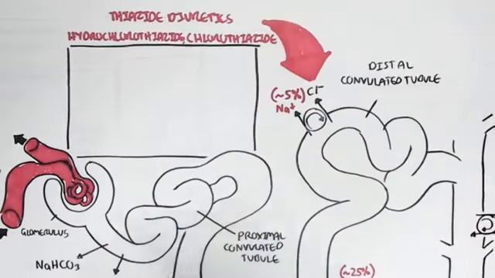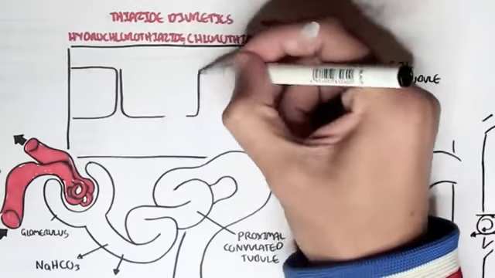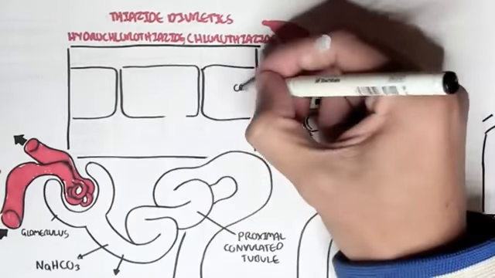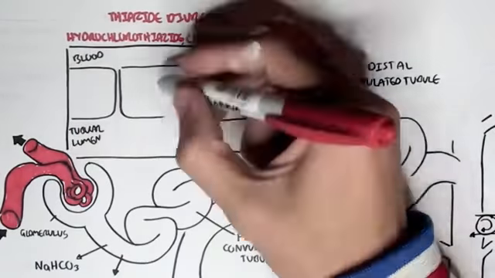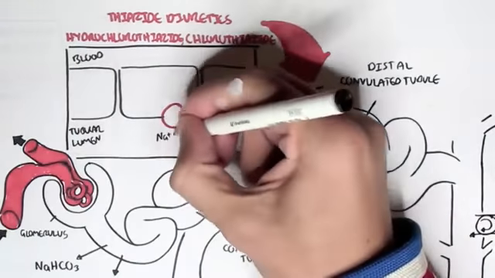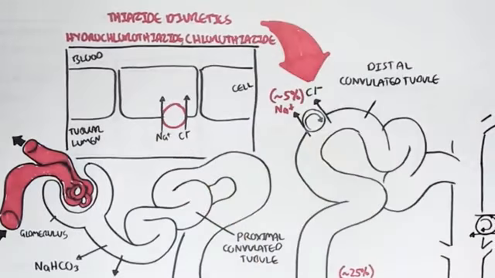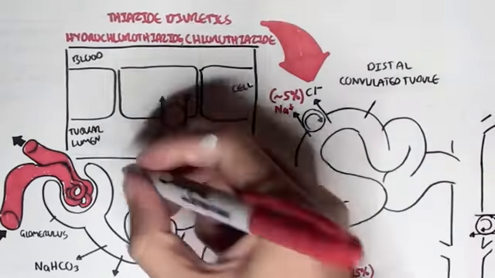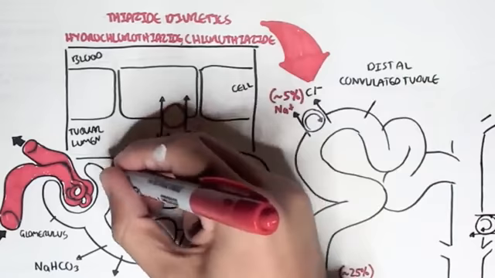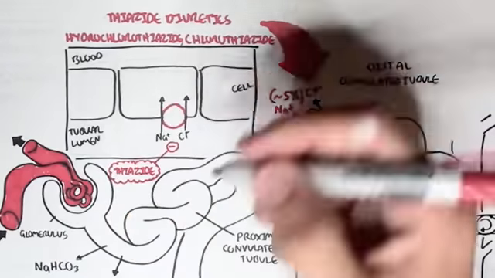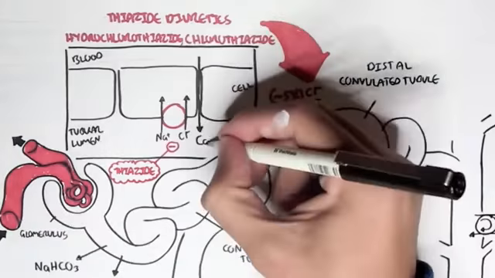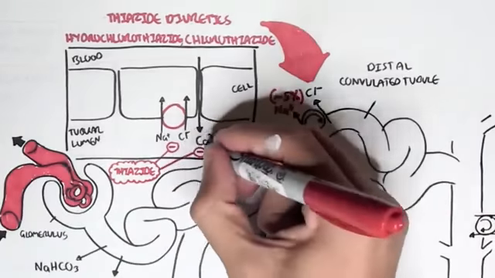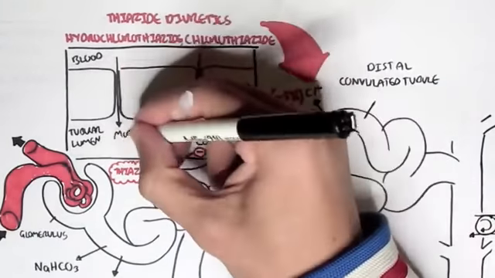Here we have the cell, with the blood on the outside and the tubular lumen on the inside. Thiazides essentially prevent sodium reabsorption by inhibiting this transporter of sodium and chloride. In the long term, they will inhibit the secretion of calcium from the blood to the lumen, but will promote the secretion of magnesium.